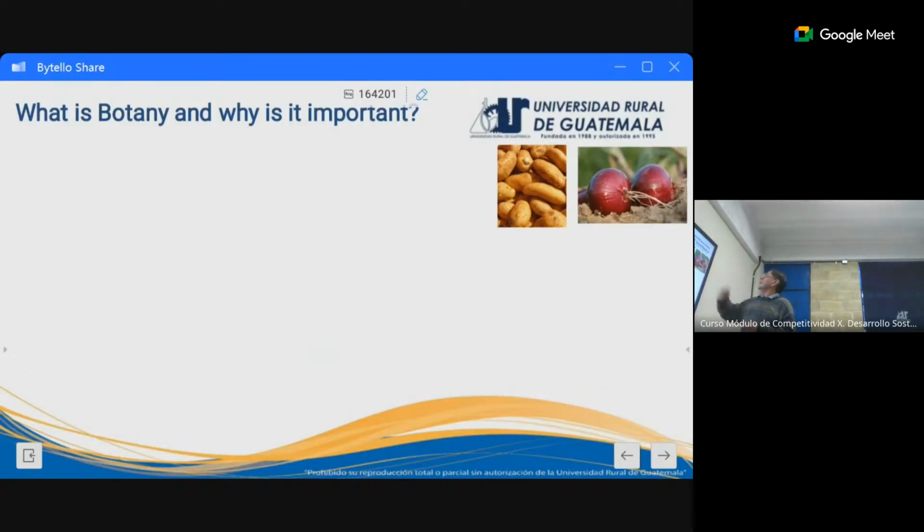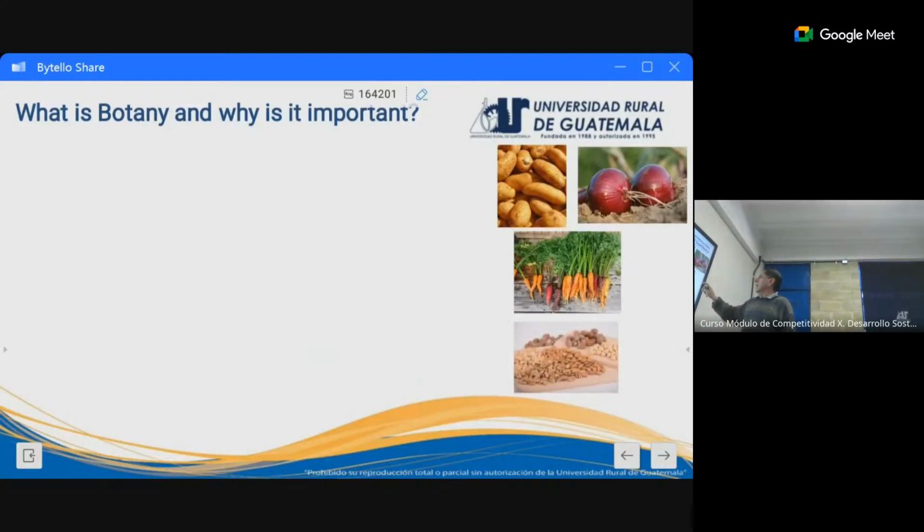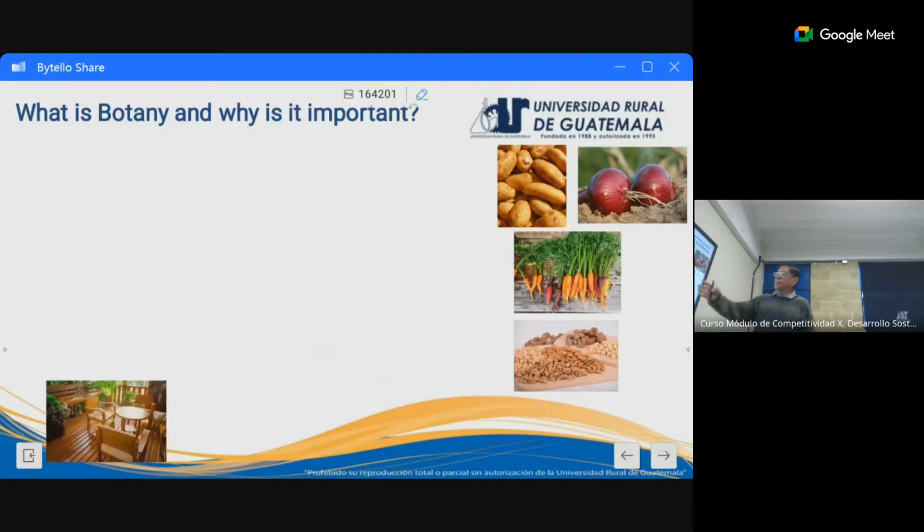Okay, remember that plants provide us with food like potatoes, like onions, like vegetables that you see here. And also plants are able to provide us with seeds and other materials that we need from the forest, like the wood.